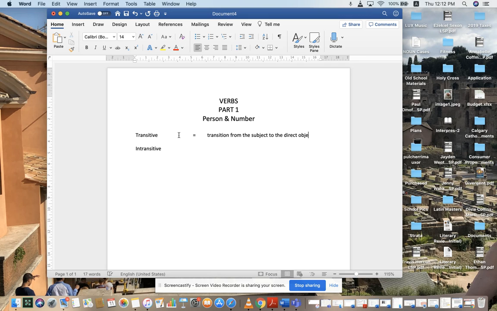In other words, most of these verbs are going to be active verbs. Intransitive could also be active, but transitive verbs will take on some form of direct object. Intransitive verbs are verbs that do not transition from subject to direct object.